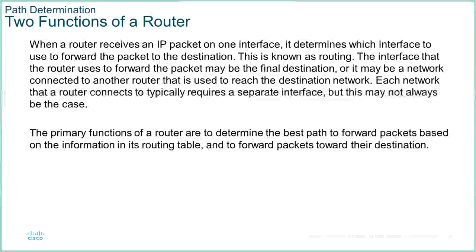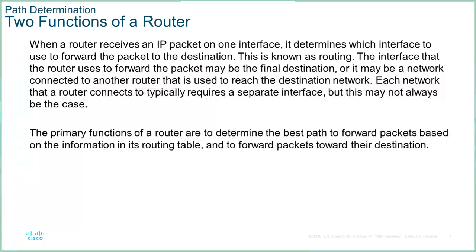In other words, what interface do I place this packet on for it to continue its journey to its final destination? That picking up of the packet and making that decision is known as routing. So basically all it's doing is taking traffic from one interface and dropping it on another.